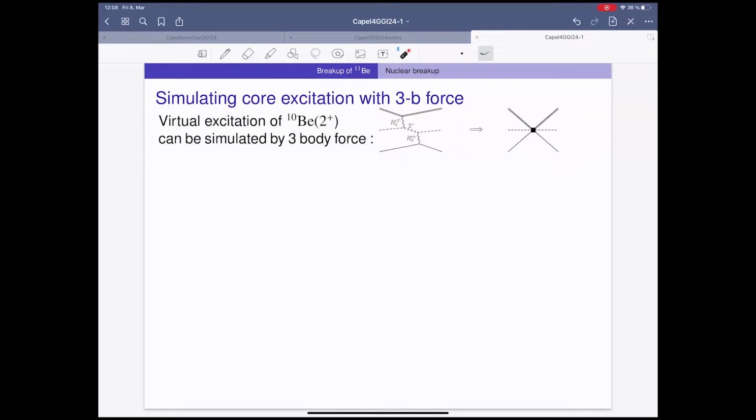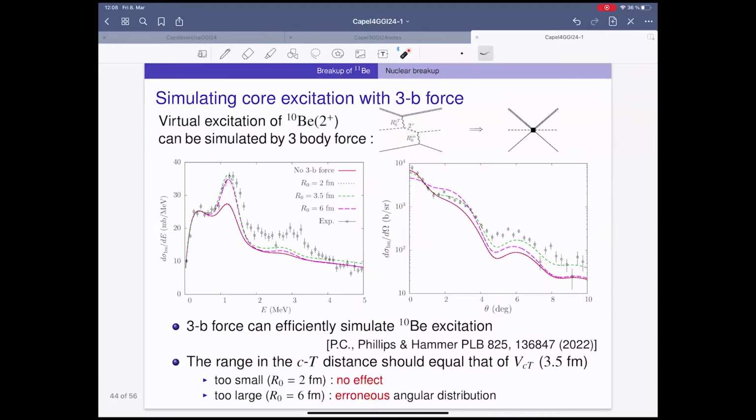When you excite to the delta resonance, you replace that by a three-body force, and that's exactly what we did. And so when you do that, you also have to tweak the range of the three-body force. But when you take the range of the three-body force to be the range of the Coulomb target interaction, 3.5, you get the green dashed line, and the green dashed line goes through the data.